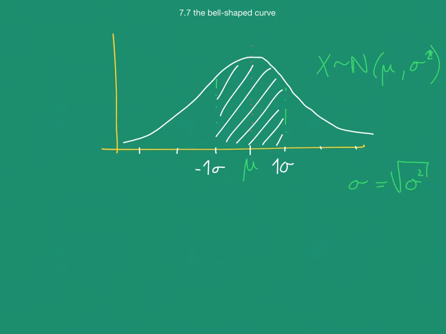So a distance of 1 standard deviation from the mean makes up 68% of the total area under the curve. So this is 68% more or less.